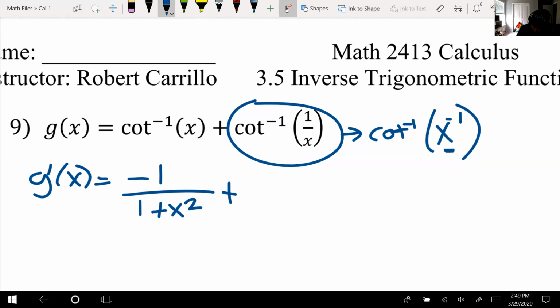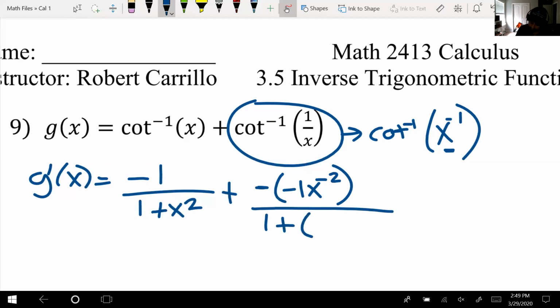Actually, the chain rule derivative is already negative, so there's going to be a negative weighting here, and it's going to be negative 1 x to the negative 2. That's the derivative of the inside function, negative x to the negative 2, over 1 plus x to the negative 1 squared.